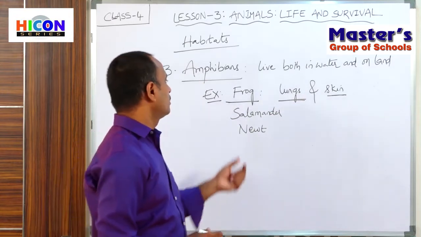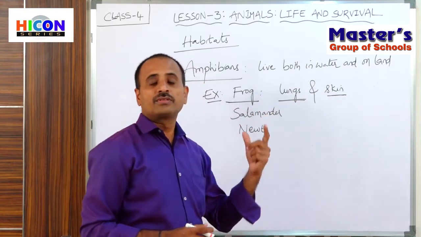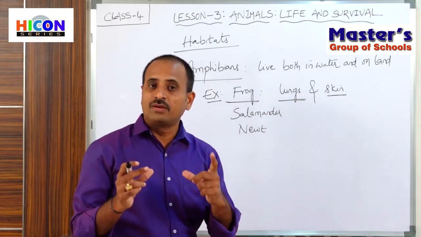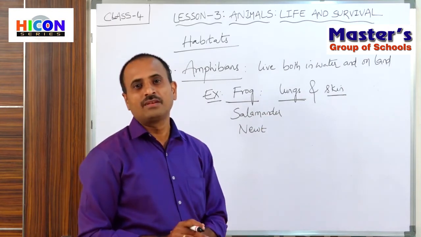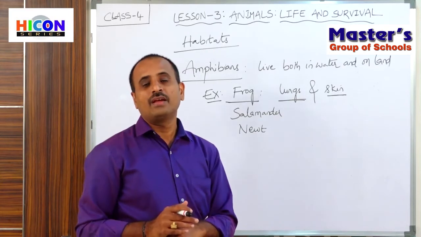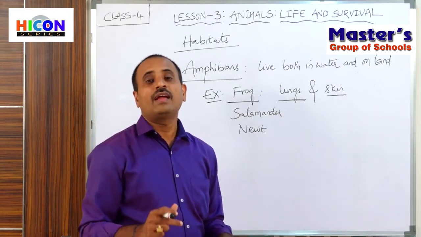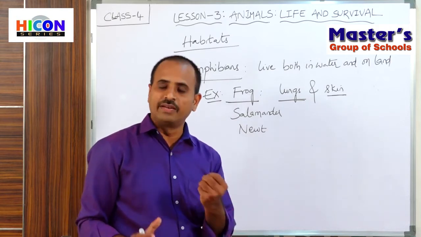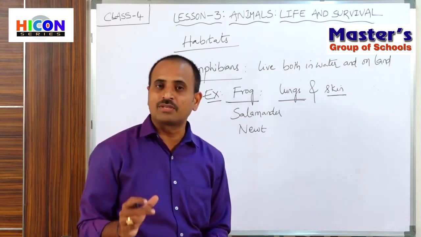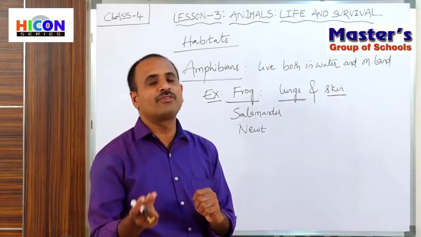And also, the frog has different types of legs, that is limbs. It has 4 limbs, and the front limbs are called forelimbs, and the back limbs are called hind limbs. The back limbs are larger than the forelimbs.